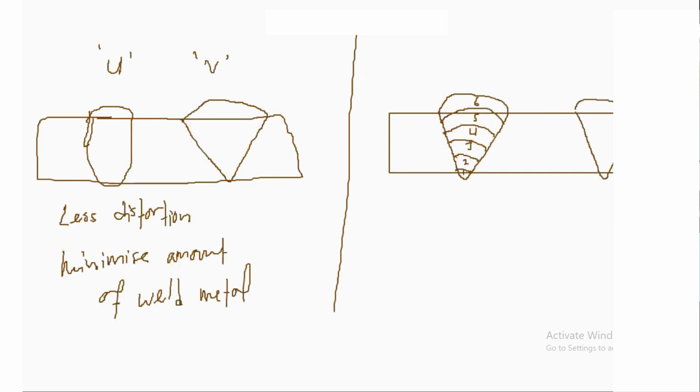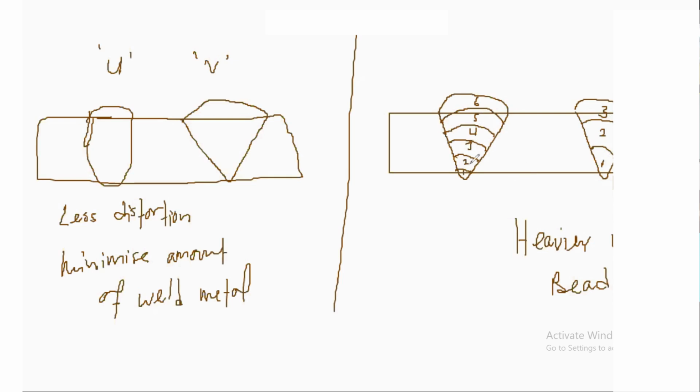We got only 3 layers, 1, 2, and 3. So this will be a heavier weld bead, because you got thicker layers. This one you got smaller layers.